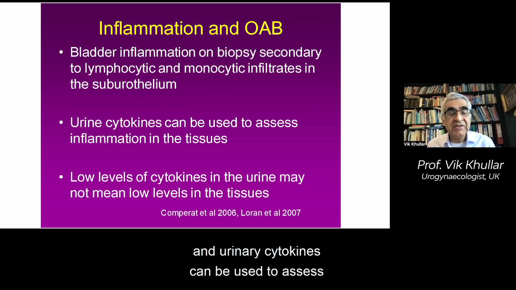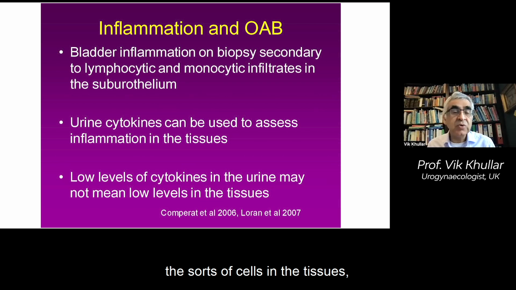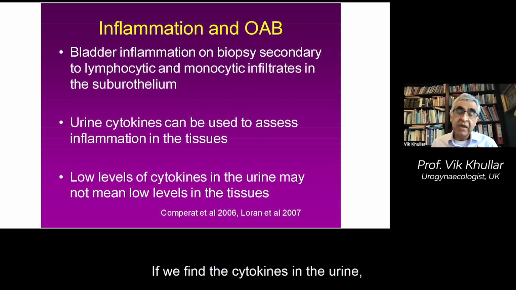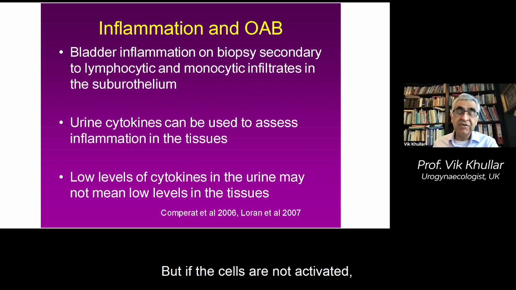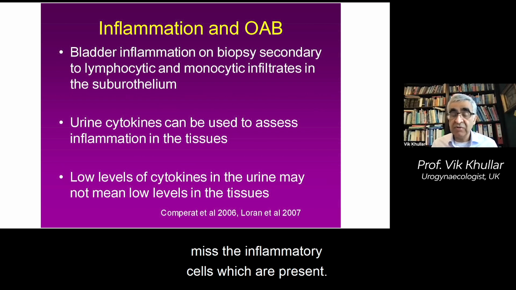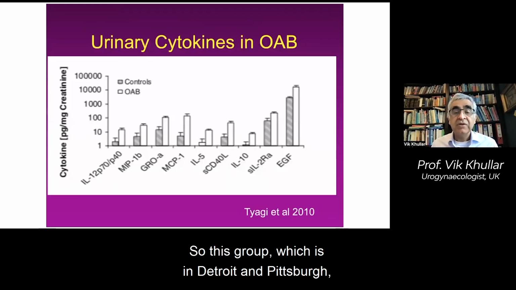Urinary cytokines can be used to assess the sorts of cells in the tissues, and low levels of cytokines do not mean low levels in tissues. So we're going to be a little bit careful. If we find the cytokines in the urine, then definitely the cells are in the tissues. But if the cells are not activated, we can sometimes, when we use the urinary cytokines, miss the inflammatory cells which are present.